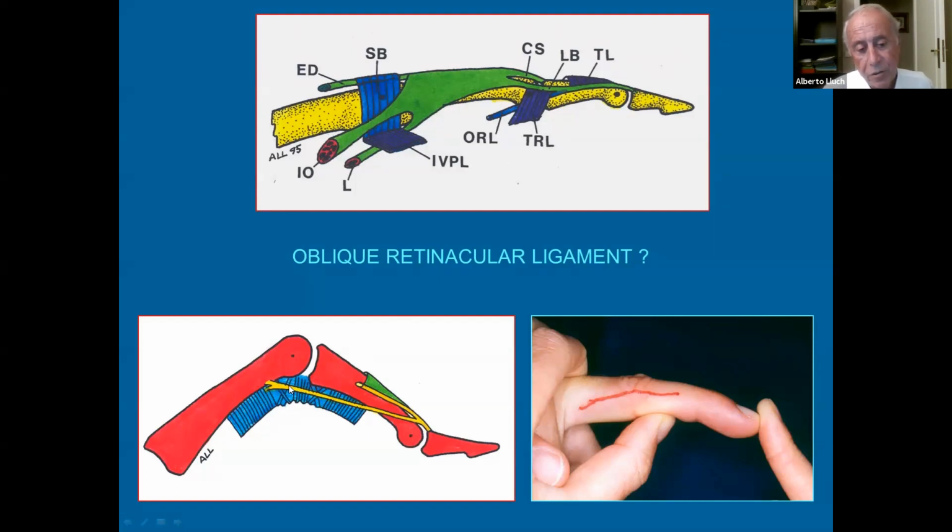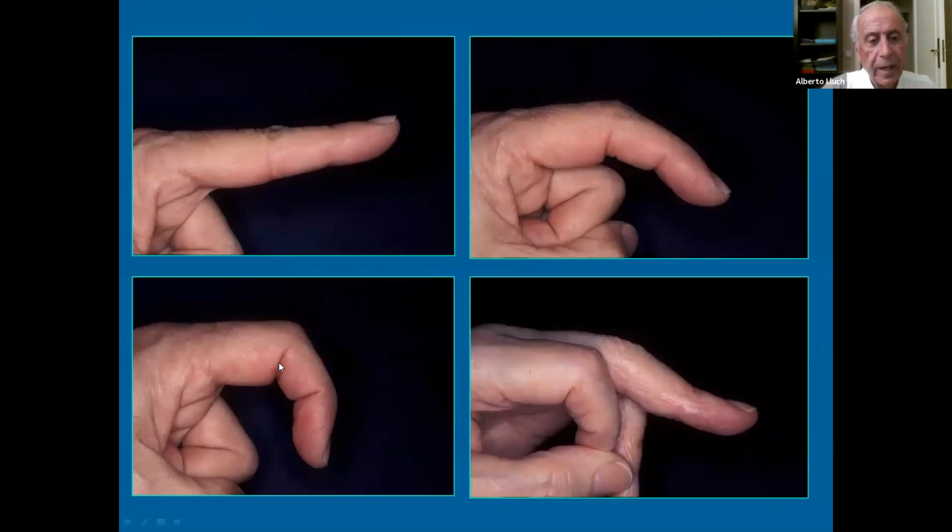By reconstructing the oblique retinacular ligament with a tendon graft going from the distal phalanx to the proximal phalanx, he will correct the flexion of the DIP joint and the extension of the PIP joint.